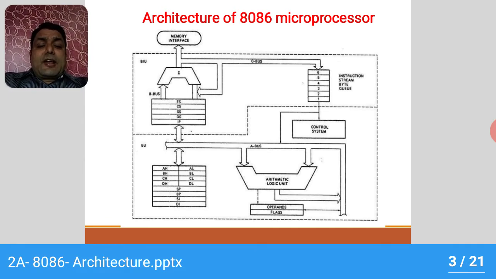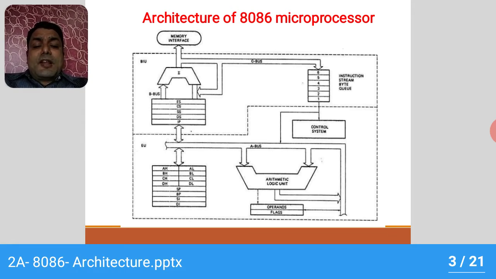All data registers can be used as either 16-bit or 8-bit. So BX is a 16-bit register. BL indicates the lower 8 bits of BX and BH indicates the higher 8 bits of BX. The register BX is used as offset storage for forming the physical address in the case of a few addressing modes. The register CX is used as the default counter in the case of string and loop instructions.